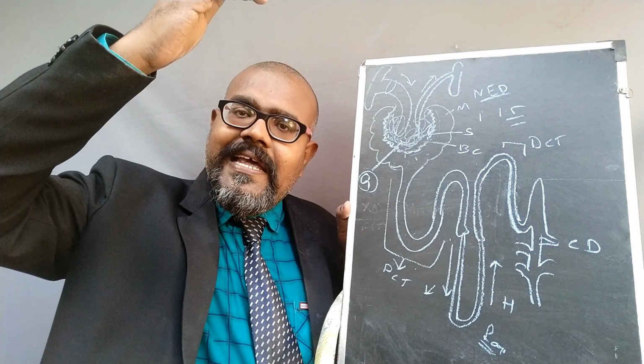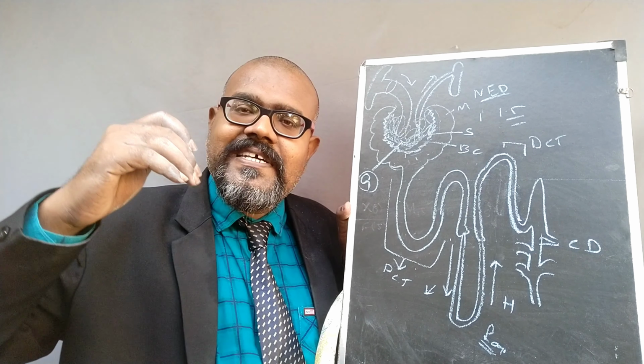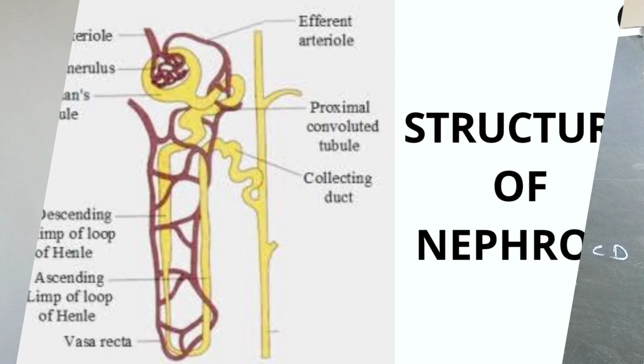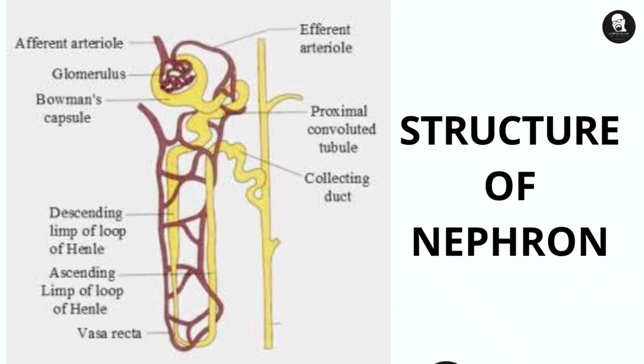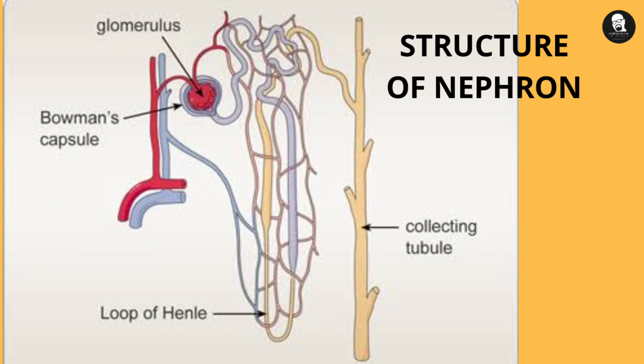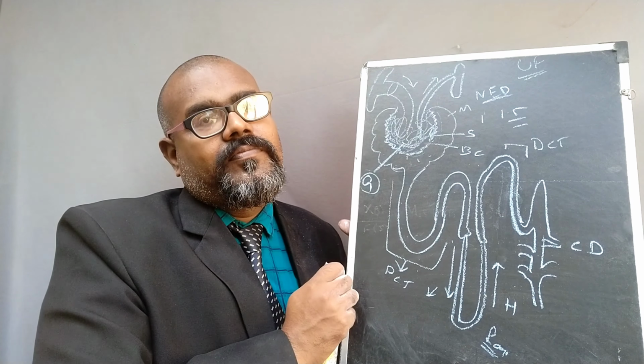The 1.5 million nephrons drain their urine, their wastes, into the pelvic region through this collecting duct. These are the parts of the nephron.